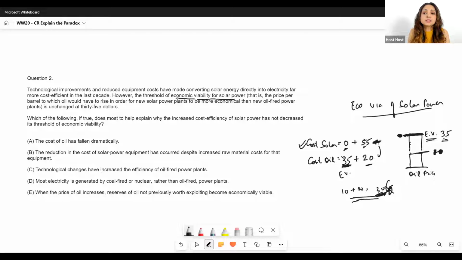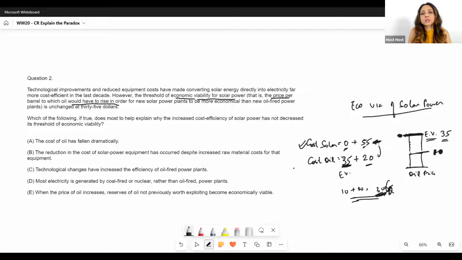Price of oil is 35. Note that since I'm saying this is price per barrel to which oil would have to rise, it implies that my current price of oil is something lower than 35. But is my current price relevant? It isn't, right? In getting this economic viability measure.